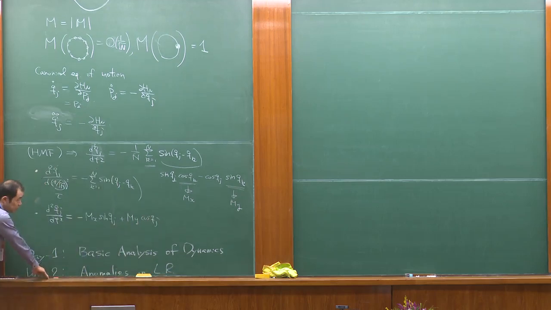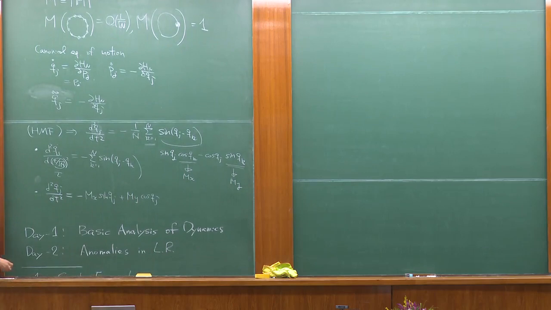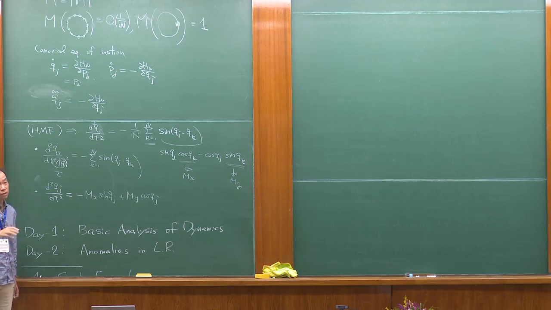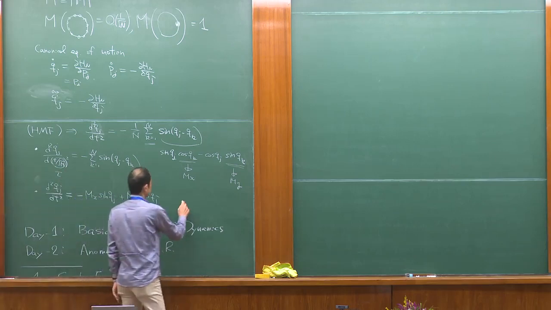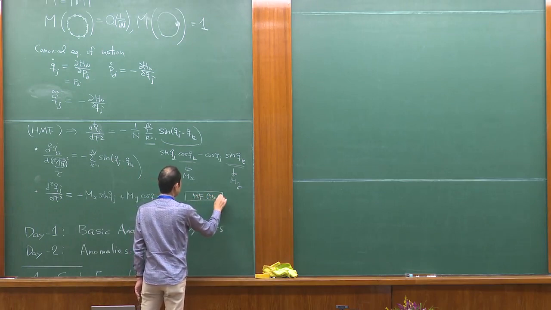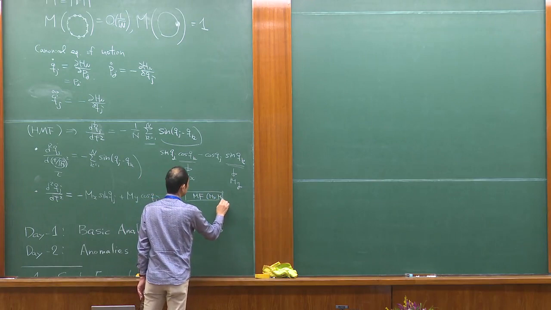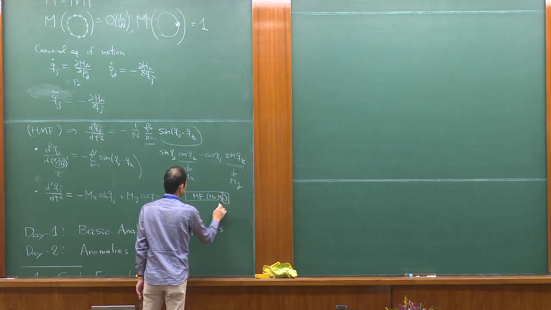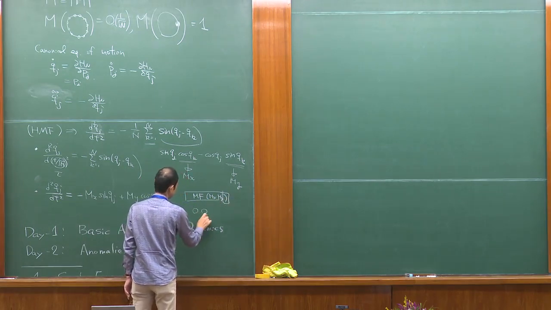So the message of this equation is twofold. The one is that the jth particle interacts with the other particles only through the mean field. So if I draw the figure, we have the mean field, I mean to say mx and my, and then we have n particles.